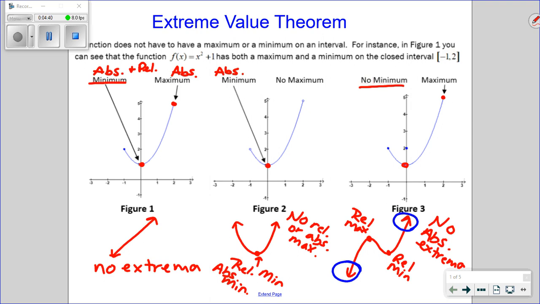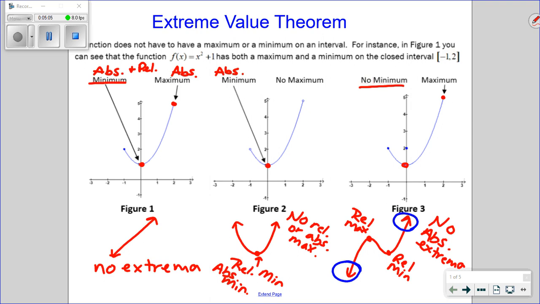Okay, so in figure 2 and figure 3, we were not guaranteed that the graph would have both an absolute minimum and an absolute maximum. So I really want you to focus on figure 1 for a minute, because figure 1 is the only graph that has both an absolute minimum and an absolute maximum.